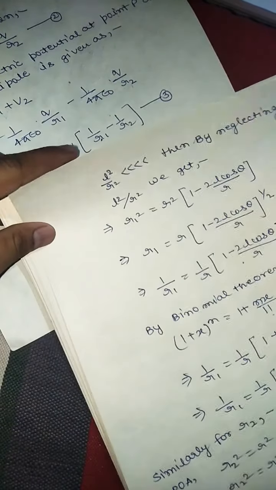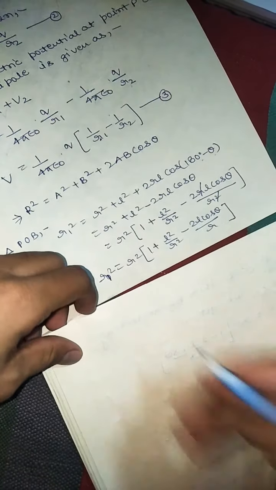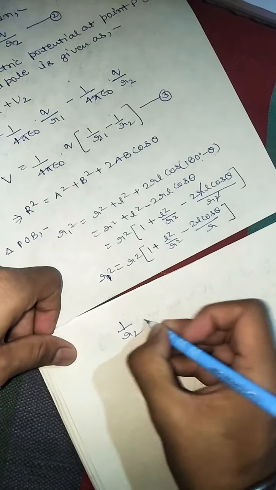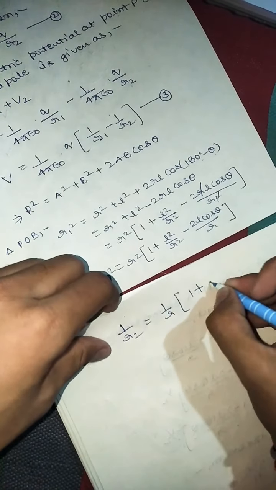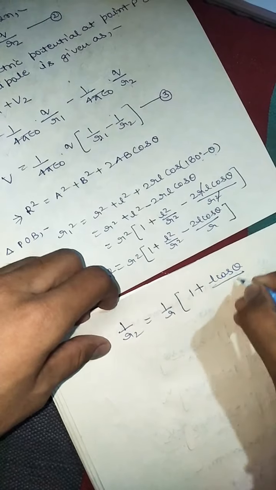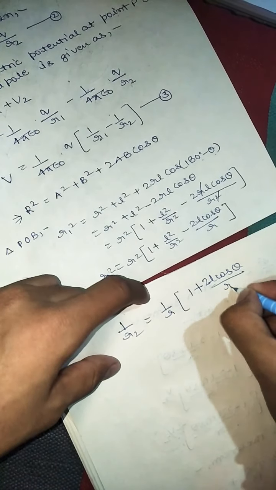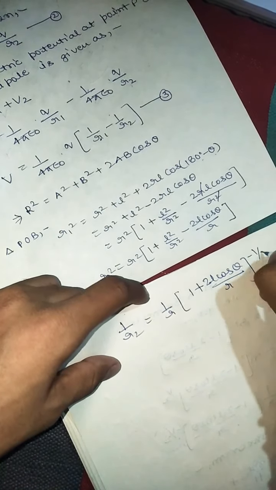Moving further, we are to get 1 upon R2. Then 1 upon R2 becomes 1 by R 1 plus 2L cos theta upon R power minus 1 by 2.